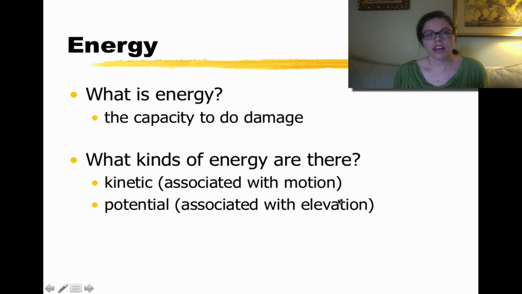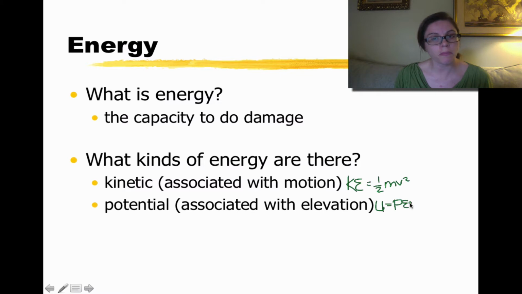Now, kinetic energy has an equation. Kinetic energy is equal to 1/2 mv squared. And potential energy, sometimes if you look it up online, you'll see it written as U for potential energy.